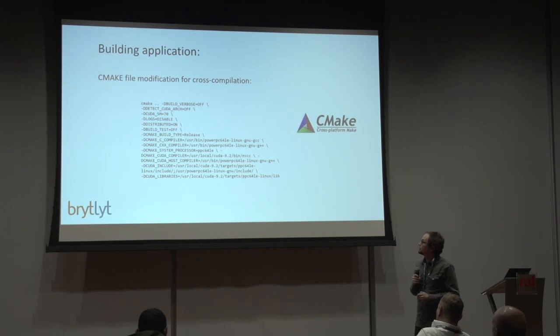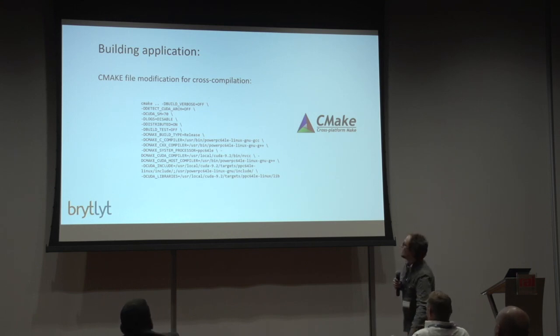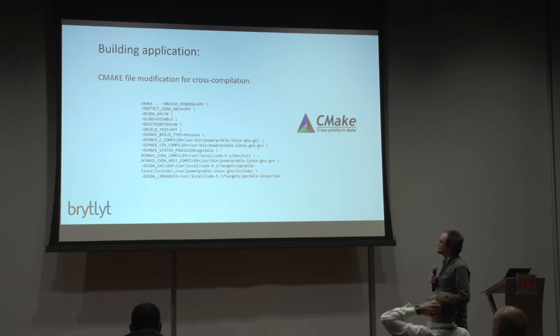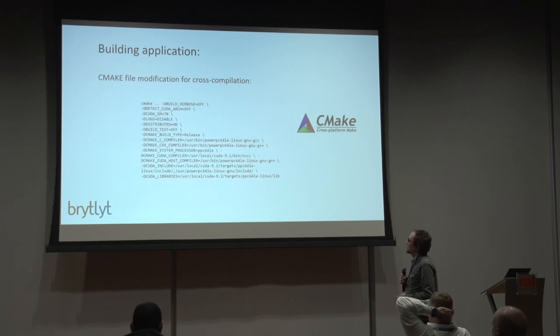Also, there was some work we had to do with our CMake files. Our application is based on CMake, which is very convenient for us. Here is a list of flags which we had to add to our build system. It's quite easy to forget one and have additional problems with compilation, but in general, this list is a recipe for how it can be done quite easily.